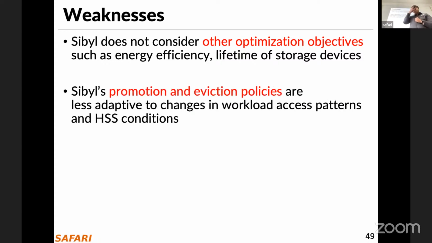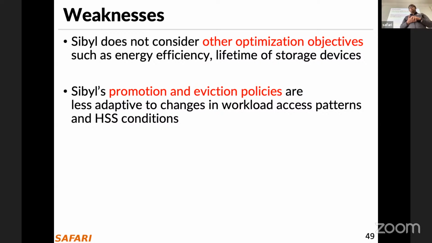Sibyl's promotion and eviction policies are less adaptive to changes in the workload access patterns and HSS conditions. To be fair to Sibyl, it's also not its job to handle these things, because data placement is a very, very critical part of the IO request handling.